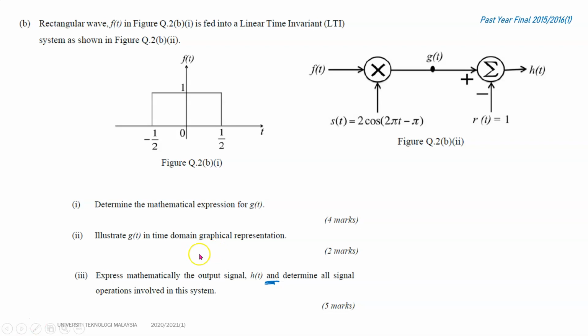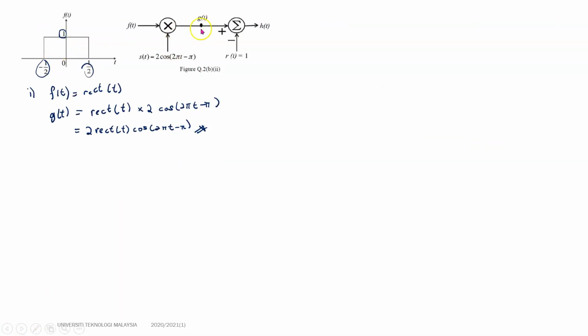And then the next one is illustrate g(t) in time domain. So now we have to find g(t). We know that anything multiplied by this rectangle function, only the part of the function that is between negative 1 over 2 and 1 over 2 will appear in the final form of g(t).